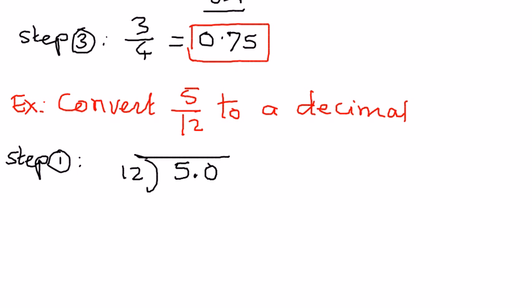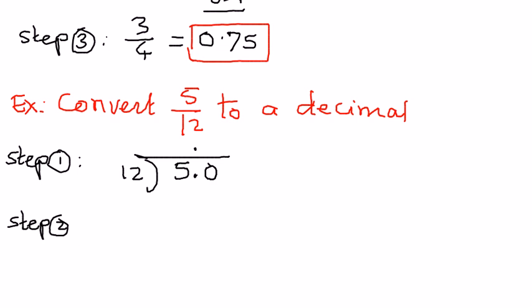Now we're going to perform the division as if we're performing division of whole numbers. So since we put a point after the 5, we're going to put a decimal point just above the point there, and now we're going to perform the division as if it were whole number division.